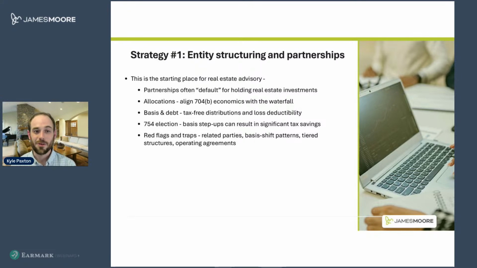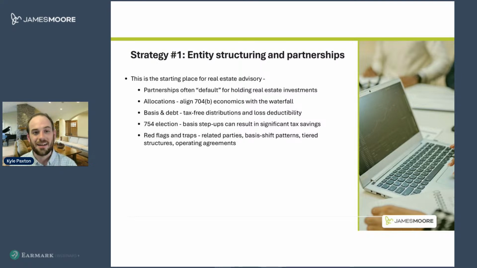So you have that mortgage on the real estate, and you can get basis in your partnership interest for your share of the mortgage. What that allows you to do is potentially take distributions out of the partnership to you personally, pulling cash out of the investment vehicle, and deduct real estate losses against that basis.